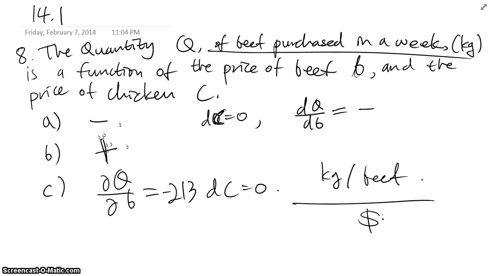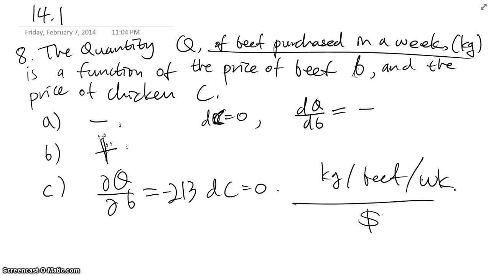And partial Q means, given that the price of chicken doesn't change, you're going to get this many kilograms of beef a week over an increment of $1, or just a small amount of change that you spend on the beef.